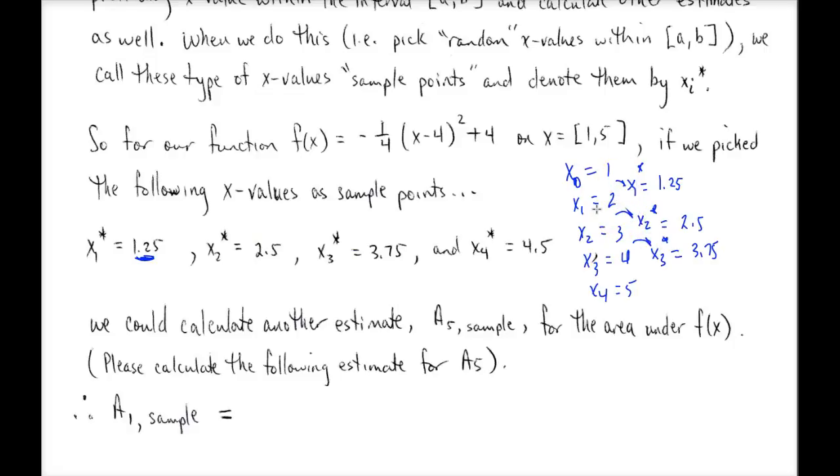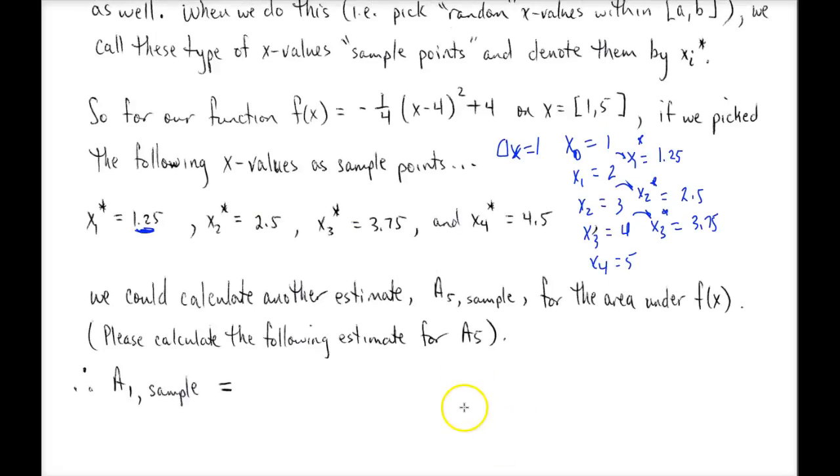Okay, and so that's what I mean: although the delta x for all these is still just 1, we pick a random value of x in between them in order to get the height of our rectangles. So that's essentially what we're trying to do here.